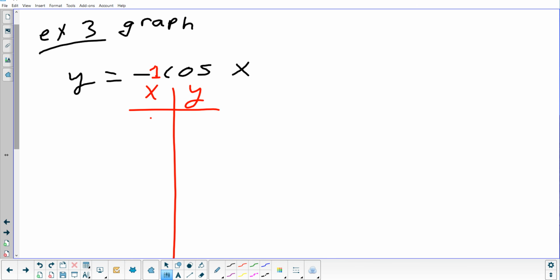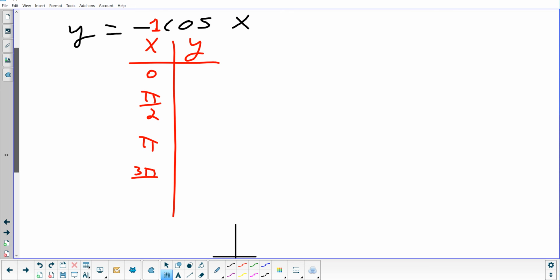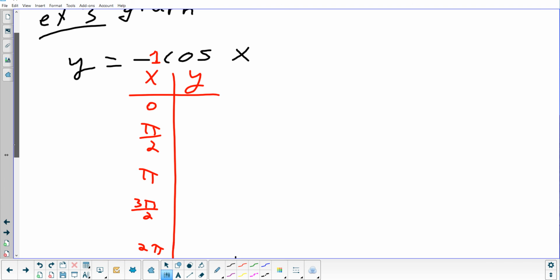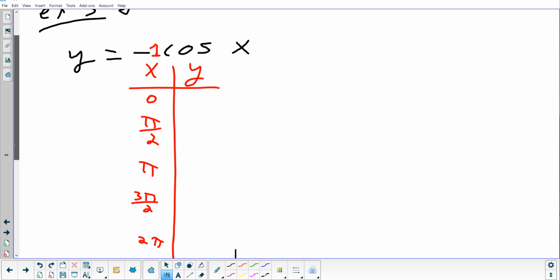So we've got the same x values. How about, Abigail, can you remind me, what are my x values again? 0, pi over 2, pi, 3 pi over 2, 2 pi. All right, and y values? Well, put the originals off to the side. 1, 0, -1, 0, 1.